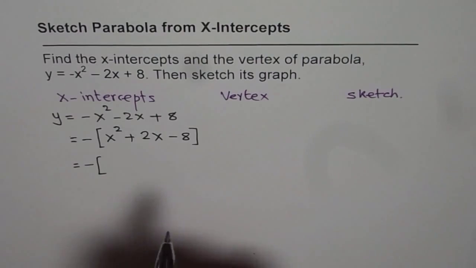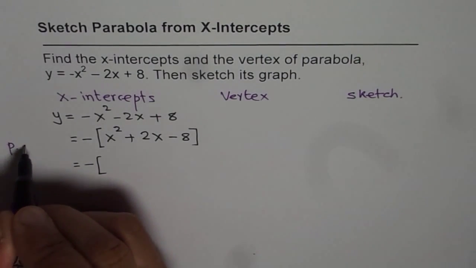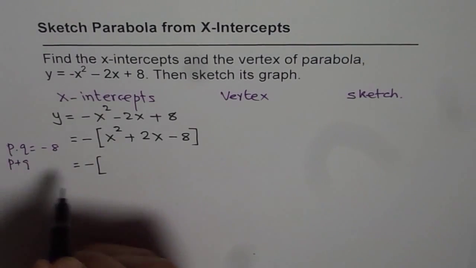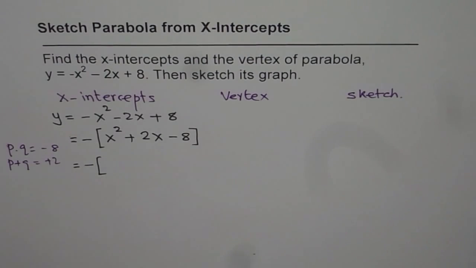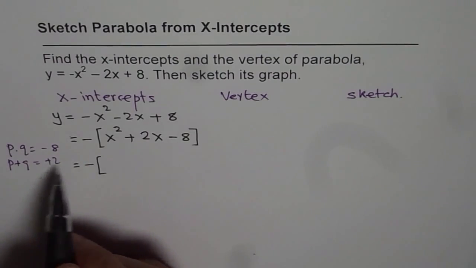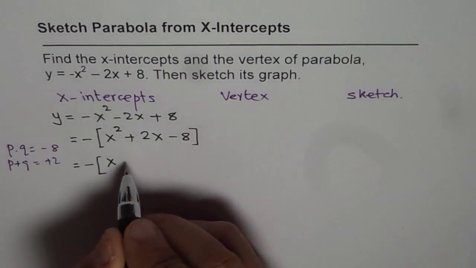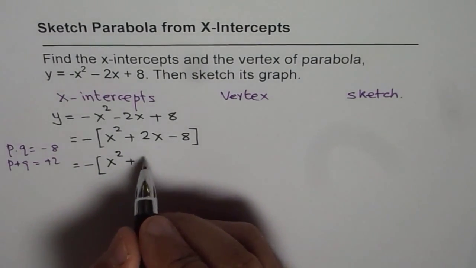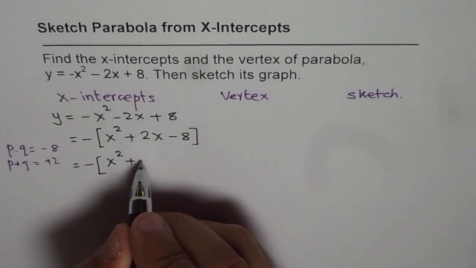Now to factor this, we are looking for two numbers whose product, p times q, is -8 and whose sum is +2. These two numbers could be 4 and 2. Since the sum is positive, 4, the bigger number, should be positive. So let me follow a few more steps. I could have written the answer directly, but I'm going through a couple more steps.